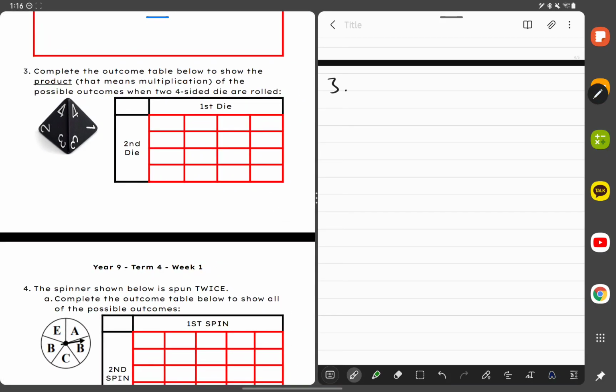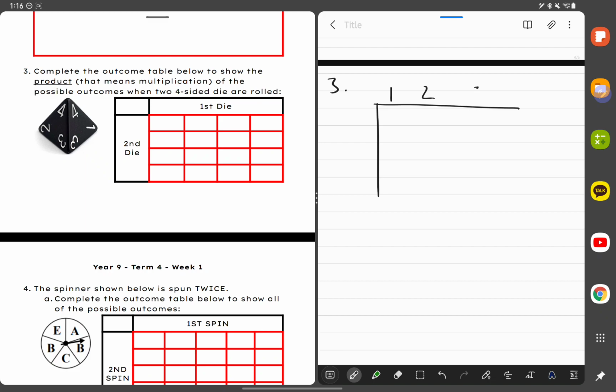Ooh, it's a D4. It's a 4-sided die. Okay, complete the outcome table below to show the product. The product means multiplication of the possible outcomes when the 2 4-sided dice are rolled. Cool. All right, possible outcomes, again, table. Let's go table.